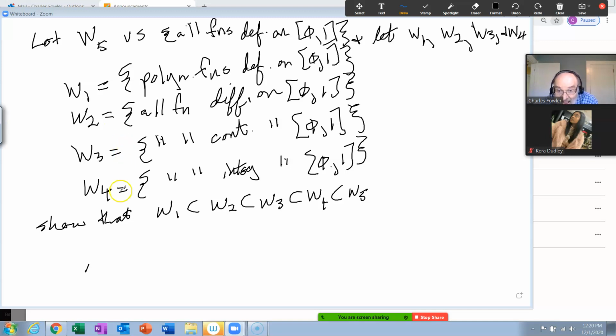And that's the first part of it. And that W sub I, I believe that's what that subscript is, is a subspace of W sub J for any time that I is less than or equal to J.